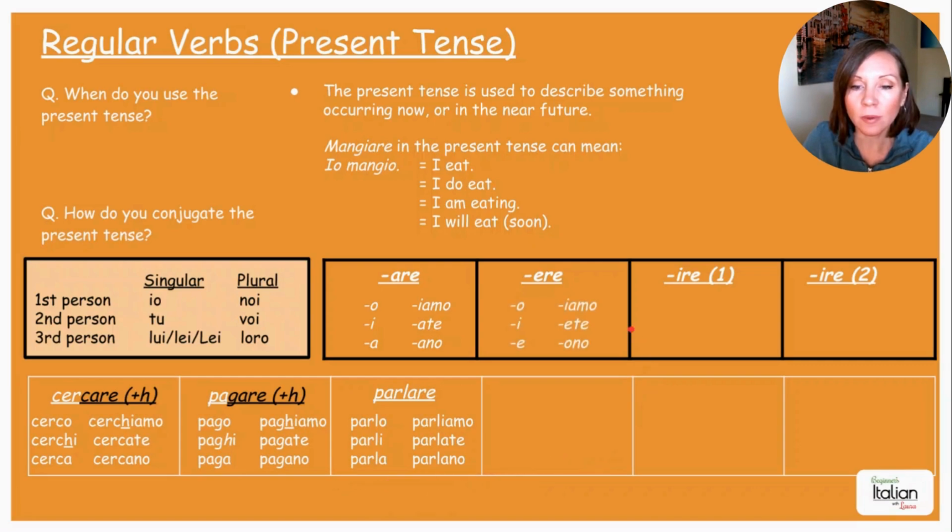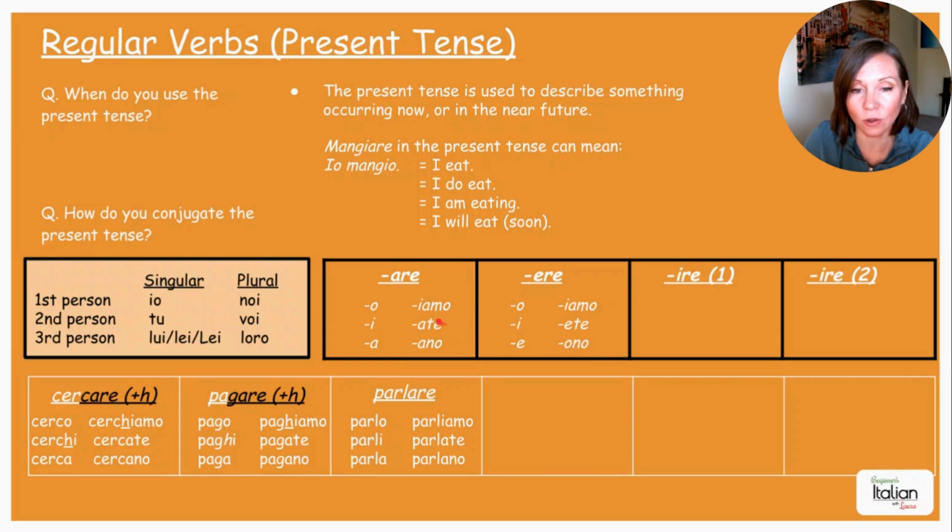Okay, an ERE verb, the endings would be o, i, e, iamo, ete, ono. So do you see any difference here? The difference is in the third person singular, the second person plural, and the third person plural.